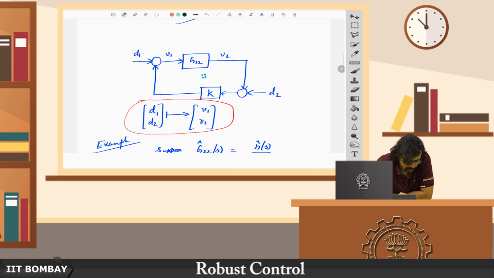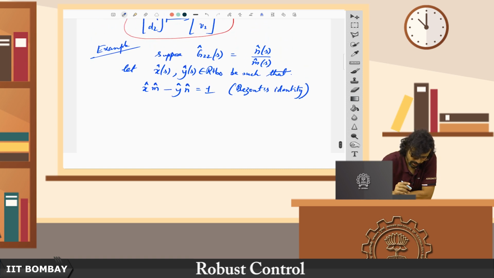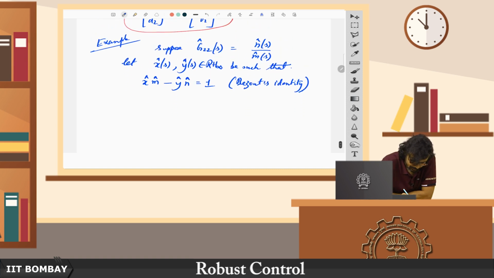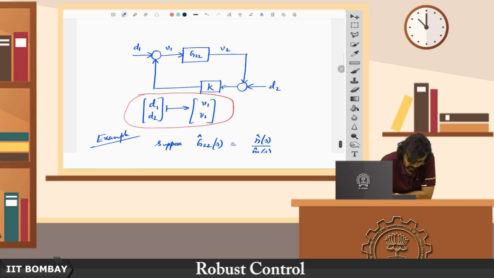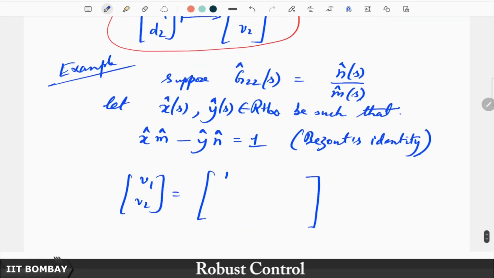The point is that from d1 to v1, the forward path is unity, and the feedback path is k g22. You can just see readily that it is going to be 1 upon 1 minus k g22. So let me write that down as a scalar transfer function: v1 over d1 is equal to 1 by 1 minus k g22.